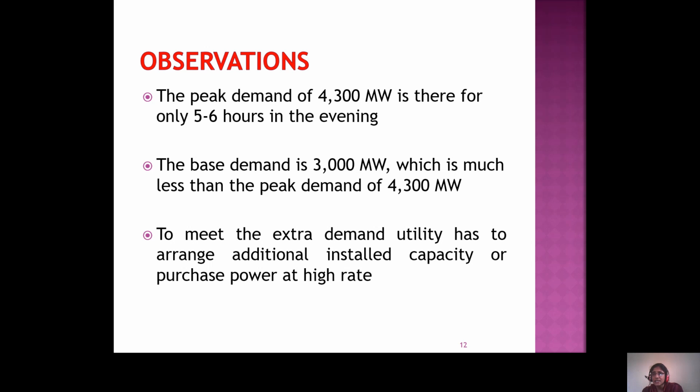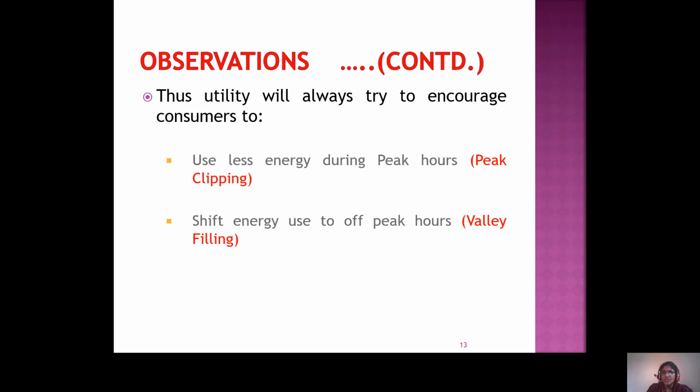To meet that extra demand, you have to arrange additional installed capacity or purchase the power at a high rate. So these are the observations you have to see in the last figure.